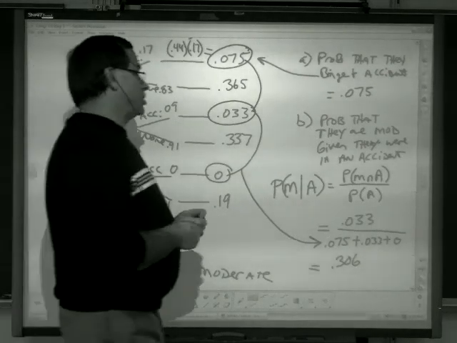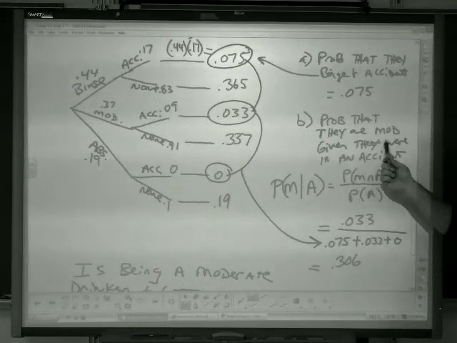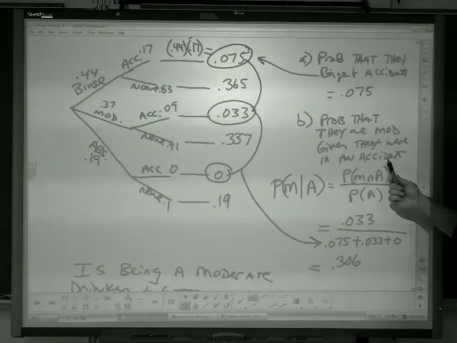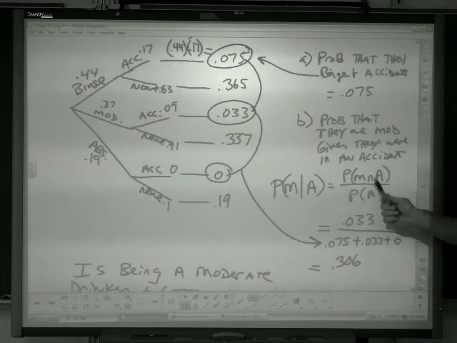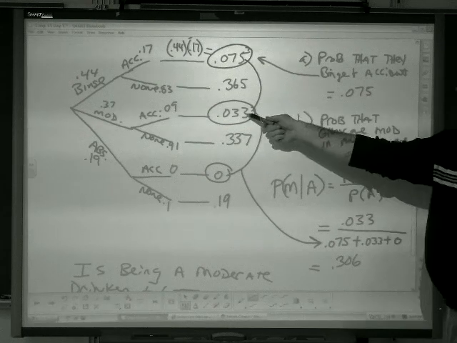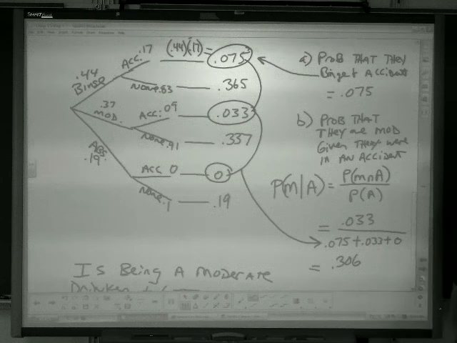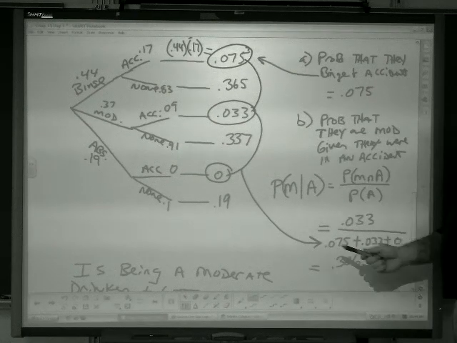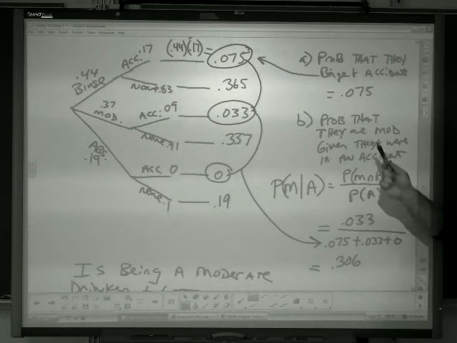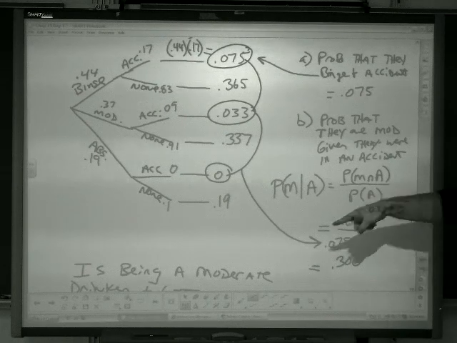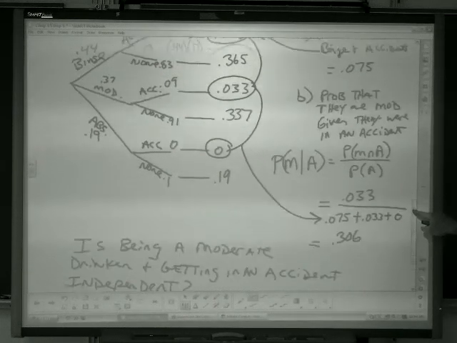So, conditional probability that they're moderate given that they're in an accident. Moderate and accident, that's the 0.033. Divided by all the ways we could get in an accident. So that's where conditional could be used with a tree diagram. Last question.